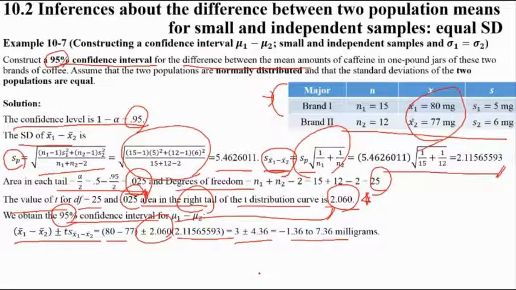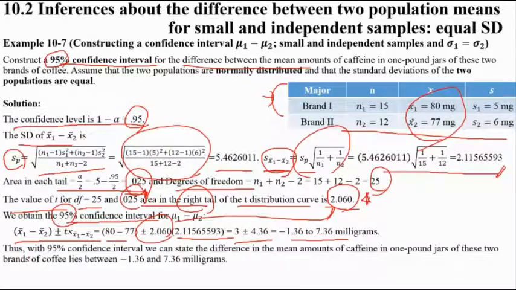It takes a while. Alright, so it looks like a negative number here. Our conclusion is that with 95% confidence, we can state the difference in the mean amount of caffeine between the two brands of coffee is between negative 1.36 and 7.36 milligrams.